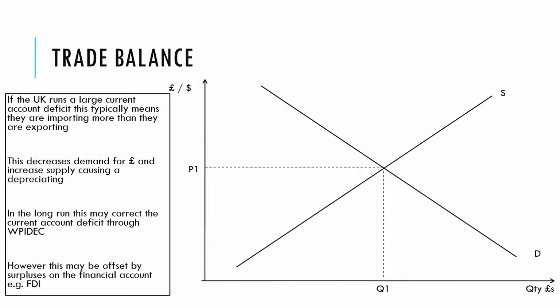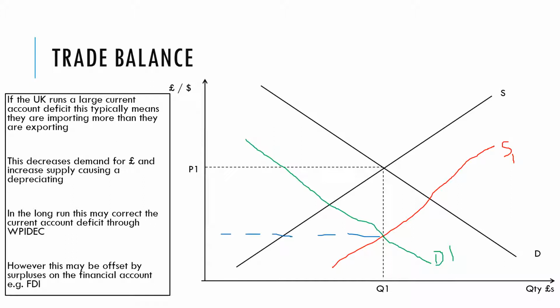Well, the UK are going to be buying a lot from the USA, so we need to sell our pounds to exchange them for dollars. Also, the Americans are not buying many of our imports, so there's not going to be much demand for pounds. So the impact of running a trade deficit with America would be we'd expect the value of the pound against the dollar to fall.